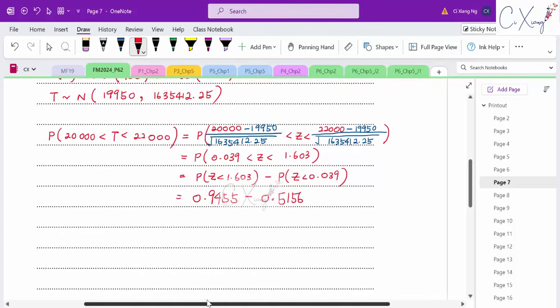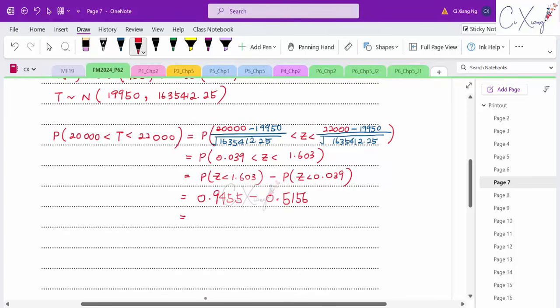Then simplify this particular answer here. By right you will get 0.4299. Or personally I prefer to simplify it into 3 significant figures in the standard answer, which is 0.430.